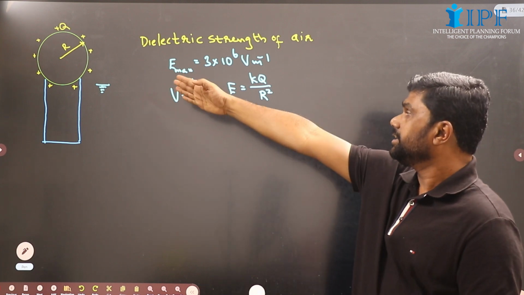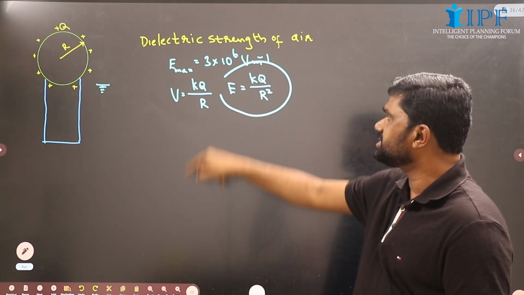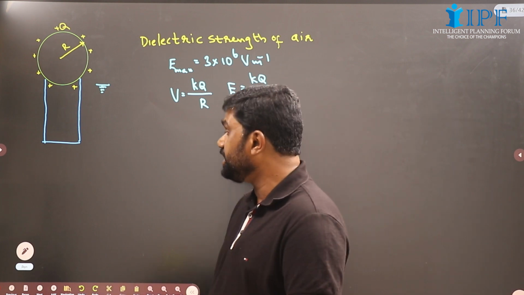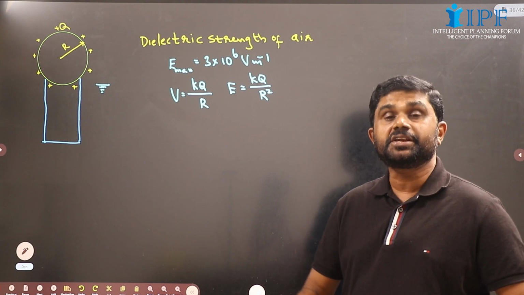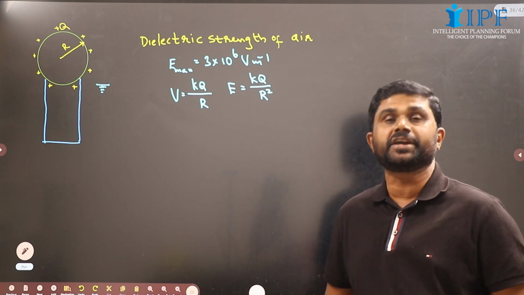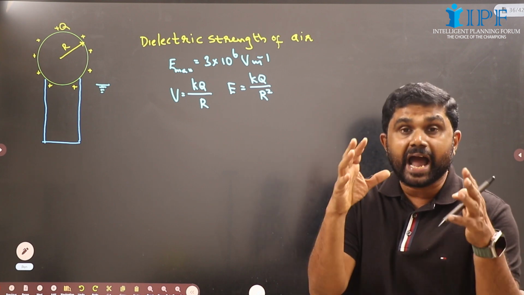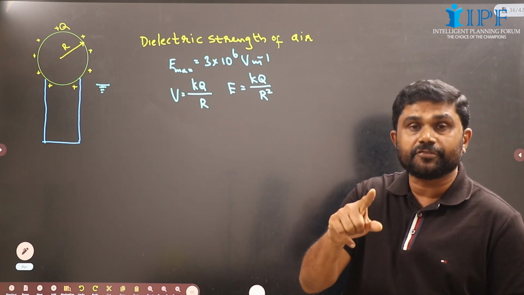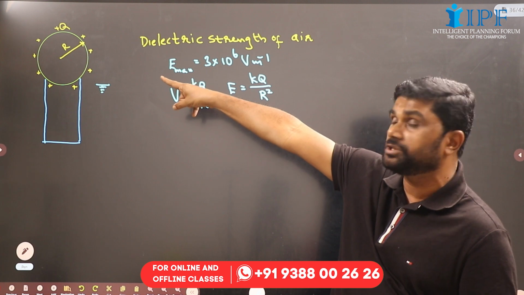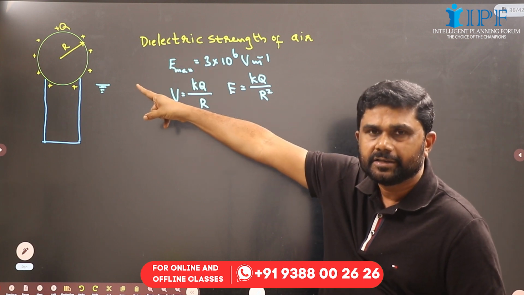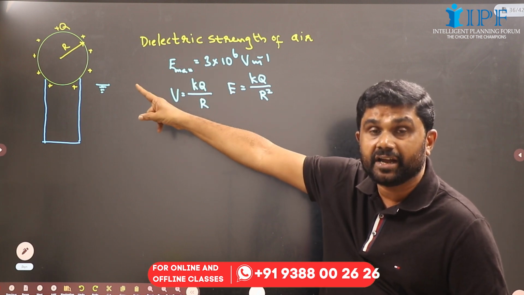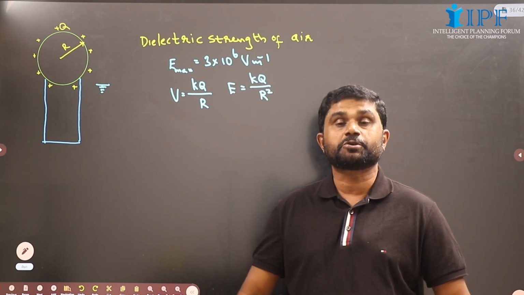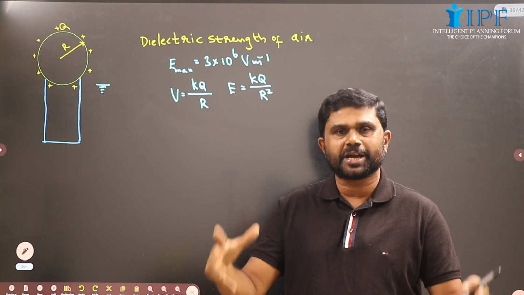Now see, children, this is the intensity of electric field on the surface of that sphere. When charge given to the sphere is increased, the intensity of electric field on its surface will increase, and the electric field acting in the surrounding air will increase. So we can increase the charge on the sphere until the intensity of electric field on its surface becomes equal to 3 into 10 raised to 6, because the surrounding air is subjected to that much intensity.